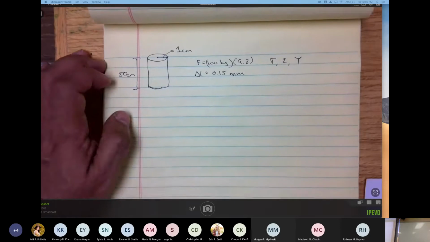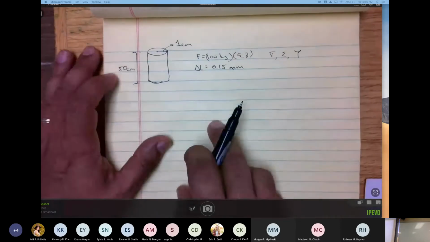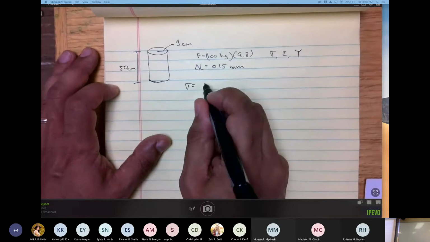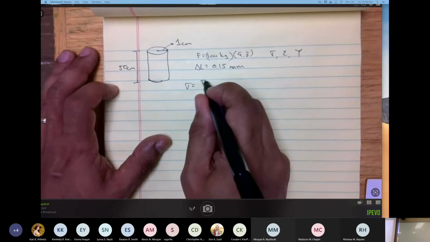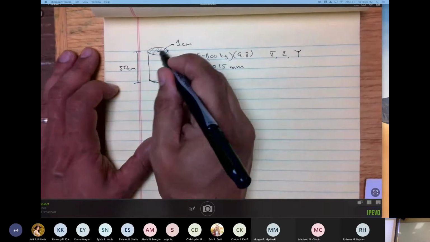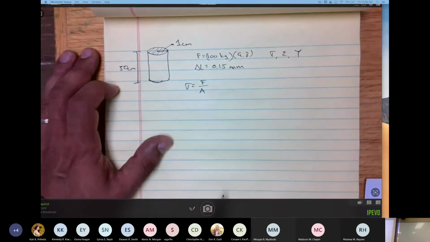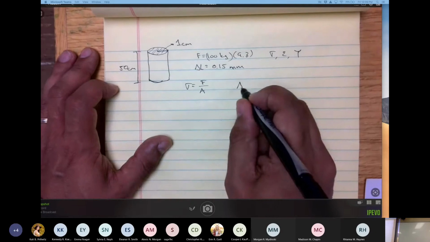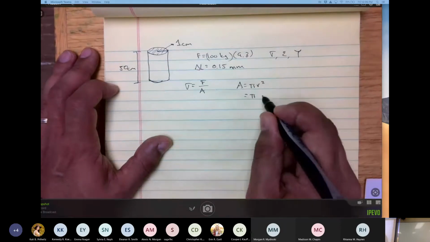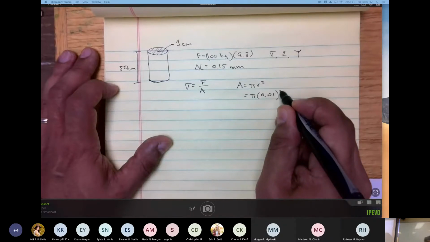So first, I'm going to calculate the stress. The stress, the way we define it, is basically force divided by the area. And the area will be the area in which the force is being applied, so it will be that area over there. The area is pi r squared, so this will be pi times 0.01 squared. I'm going to put everything in meters so I can divide by the newtons.